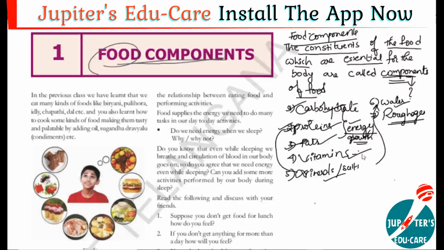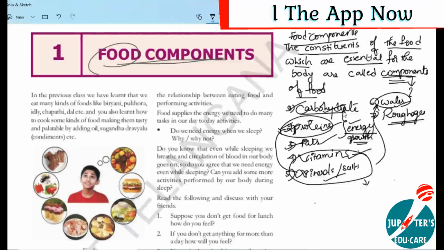These help in increasing the immune system and protect our body from diseases and from external problems, whatever external pressures or accidents, right? So these are the different functions of various components. Then let us discuss each and every component. The first component is carbohydrates.